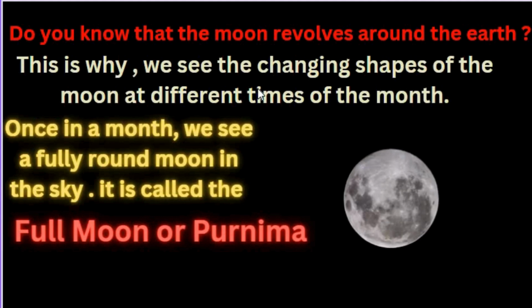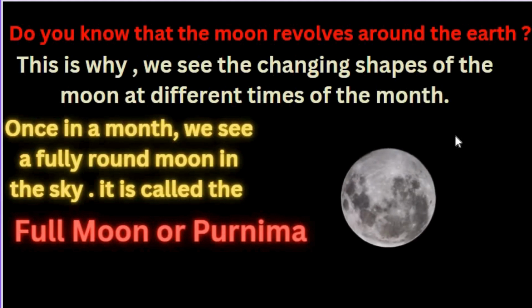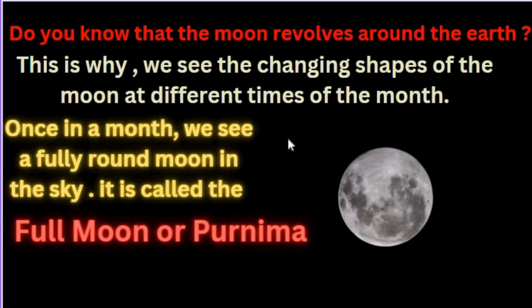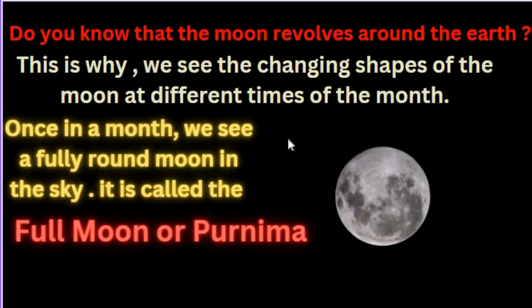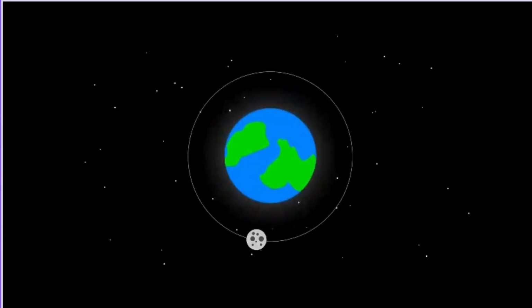This is why we see the changing shape of the moon at different times of the month. Because the moon is revolving around the earth, that's why we see the changing shape of the moon at different times of the month. Sometimes we see the full moon, sometimes we see the half moon. So why is it so? Because the moon is revolving around the earth.